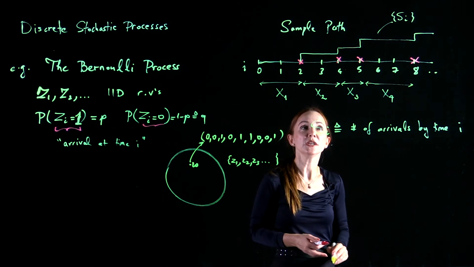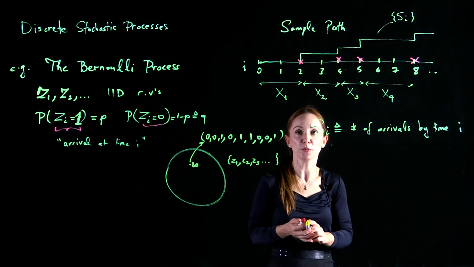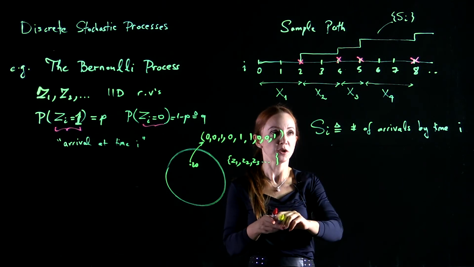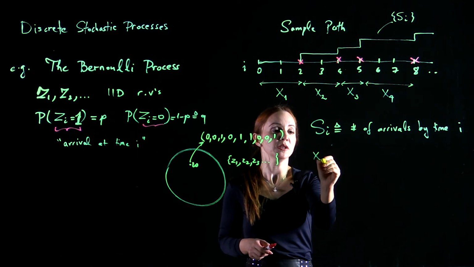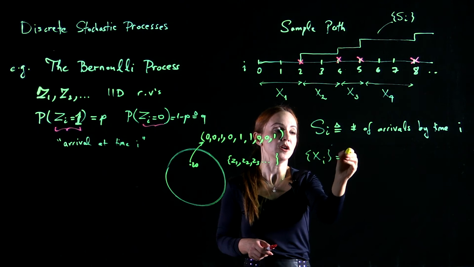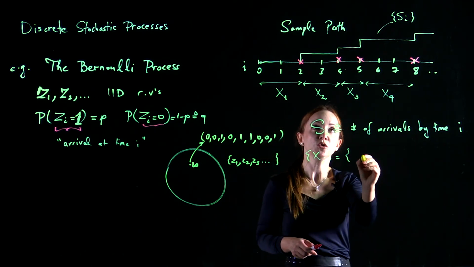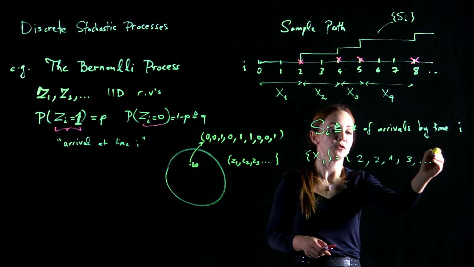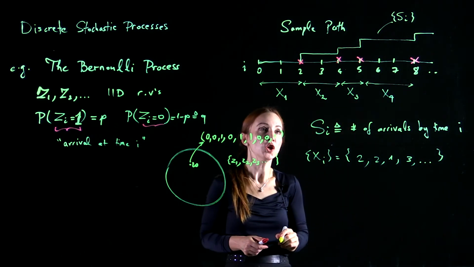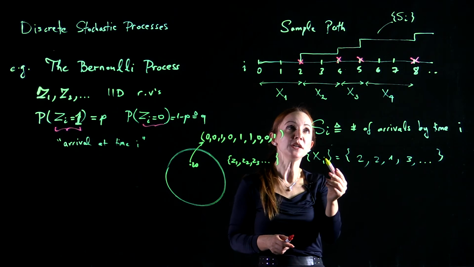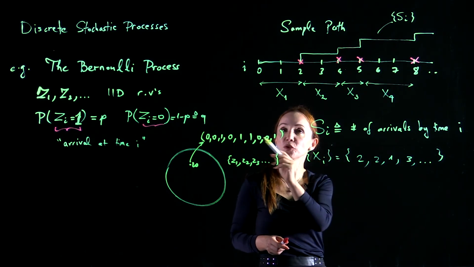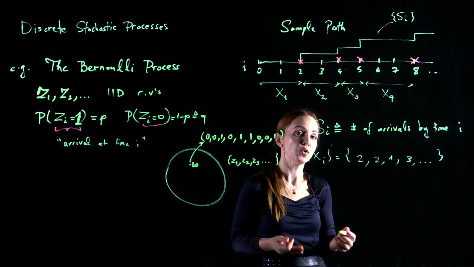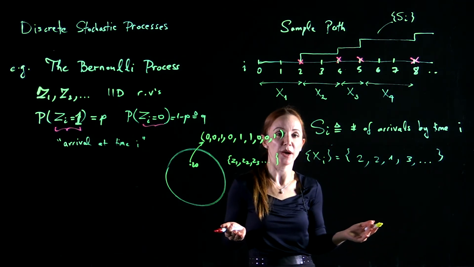So clearly in our example sample path, X1 is 2, so the sequence Xi in our example is 2, 2, 1, 3, etc. Right. So clearly, in the case of a Bernoulli process, the inter-arrival times also uniquely specify the sample path.